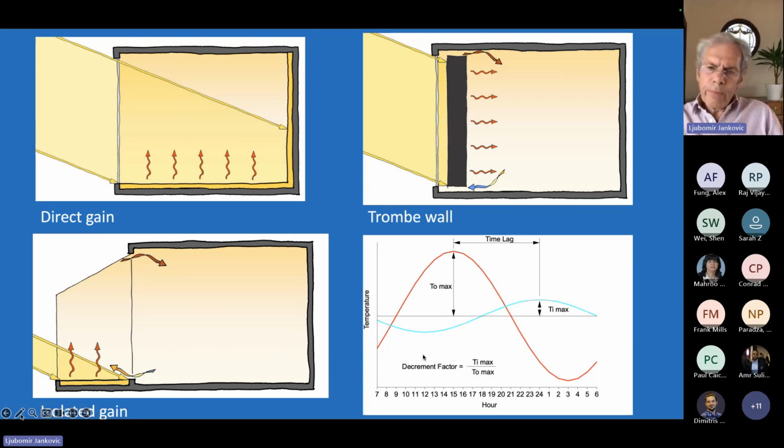Trombe wall has this kind of characteristics of time lag and decrement factor. On the outside surface of the Trombe wall, we get maximum temperature sometime in the afternoon, and on the inside we have maximum temperature many hours later. Time lag for about a 300 millimeter wall would be around 12 hours.